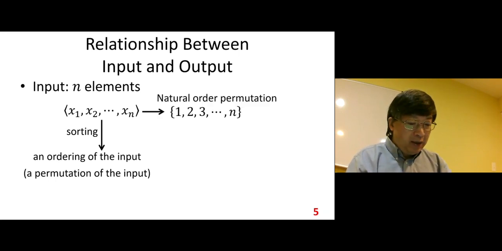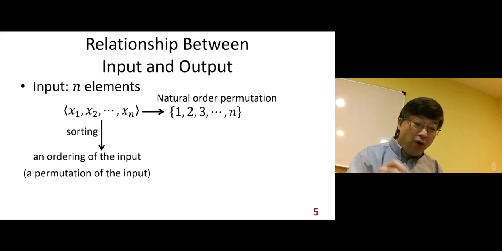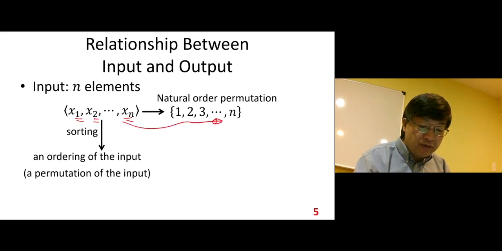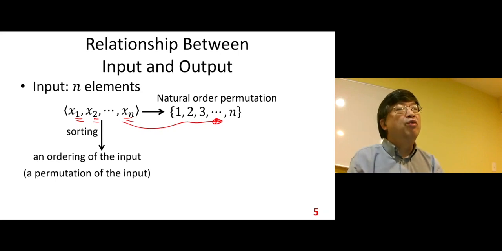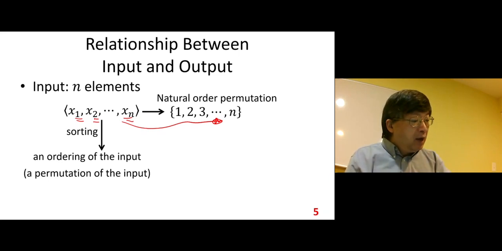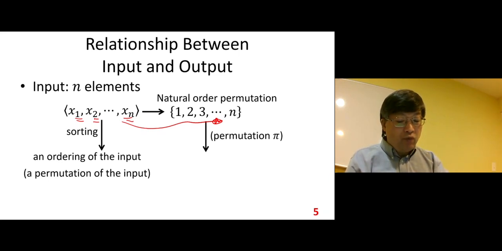Let's simplify by using the subscripts to represent the original order of the data. After the sorting, we get a permutation. Here, for permutation, we use the Greek letter pi.